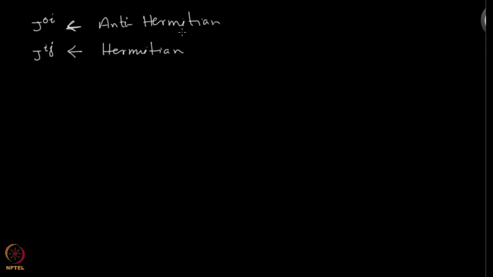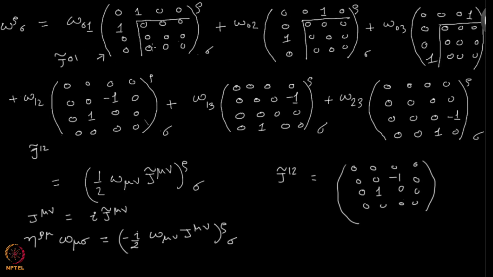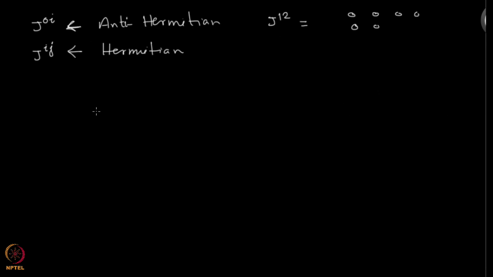I think it will be a good idea to write them here for later reference. So, j 12 becomes 0 0 0, then this will become minus i and this will become plus i, and 0.